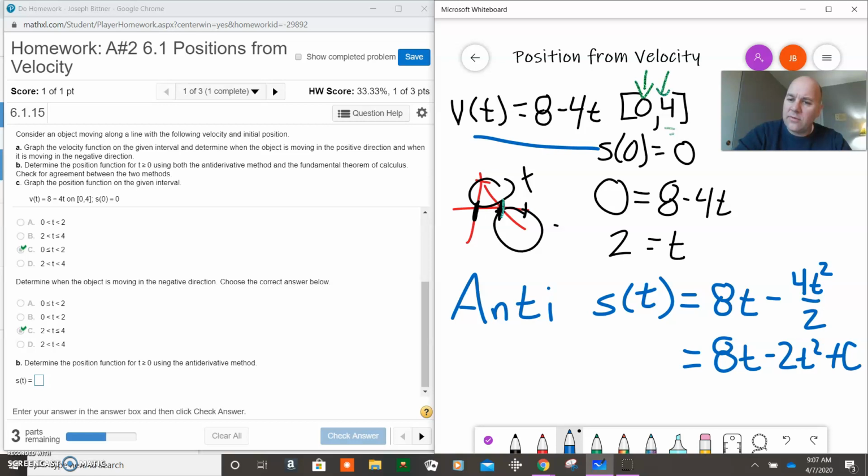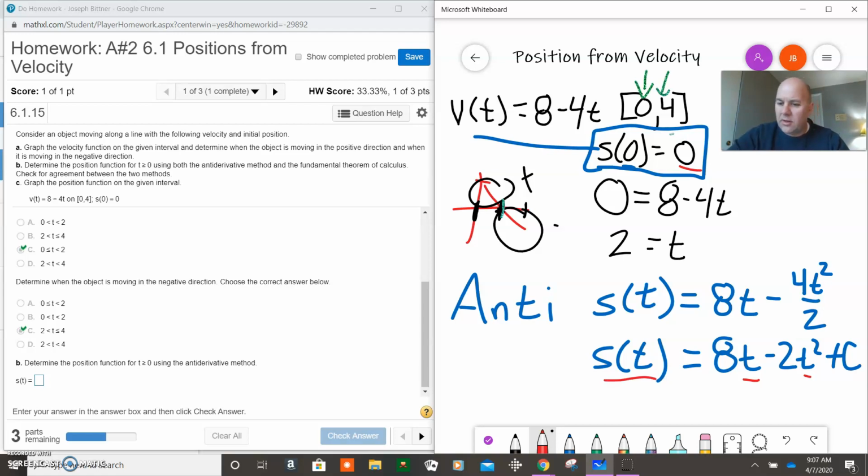Now, since up here they give me the initial value, they're telling me, and I'm going to go ahead and fill in that s of t right there. If I take 0 and plug it in for the t values, I'm going to take and plug 0 in, and then take that 0 and set it equal to it. It's really just going to read 0 equals 0 minus 0 plus c.